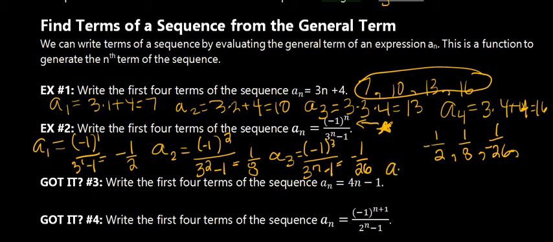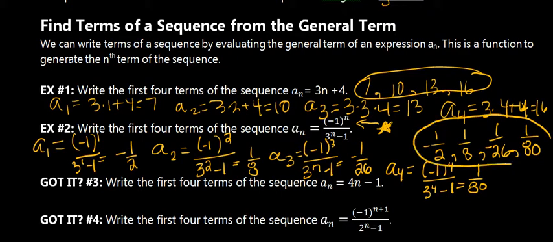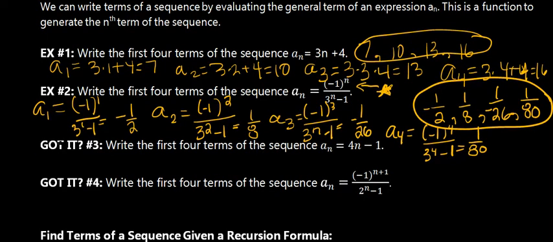So we know that a sub 4 is going to have an increasingly larger denominator and also have a positive value as we evaluate -1 to the 4th. And indeed, we have 1 over 80 as our 4th term in this sequence. So we have just generated the first 4 terms given this formula.